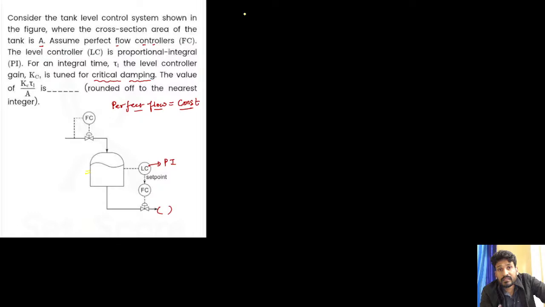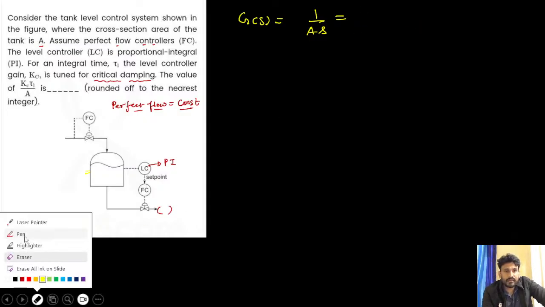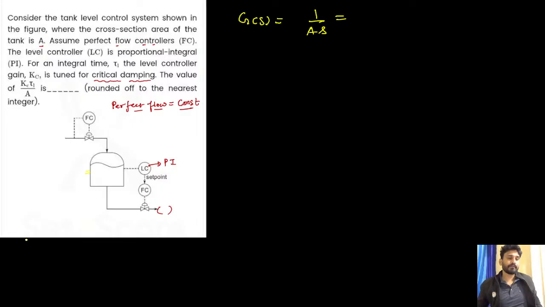If you remember, this transfer function is equal to 1 over As, and after that I called that 1 by A is your Kp and all that, right? याद है सबको? Please tell me that you remember this or not. That is a pure integrator function, right? Pure integrator function हमने उसको माना था. Okay, means there is only the capacity, not resistance, kind of, right?